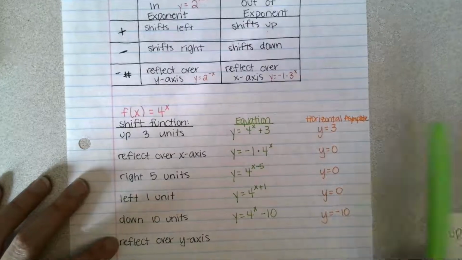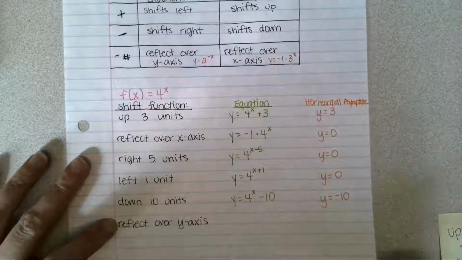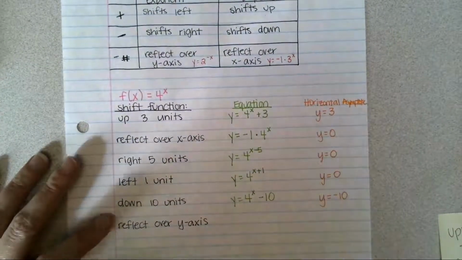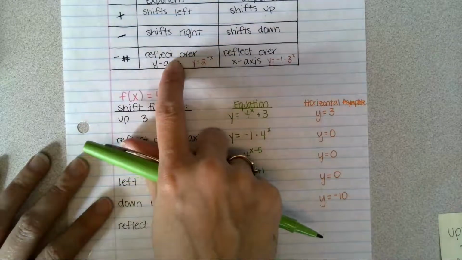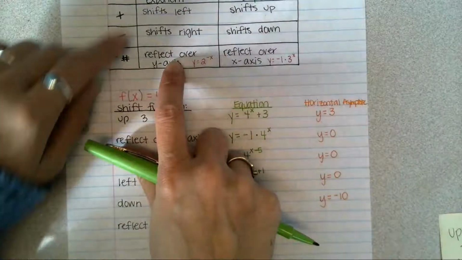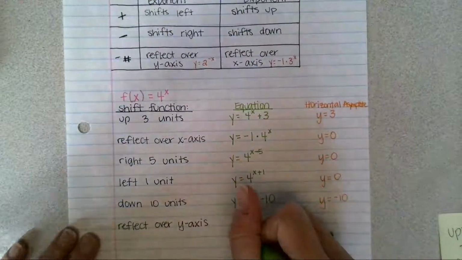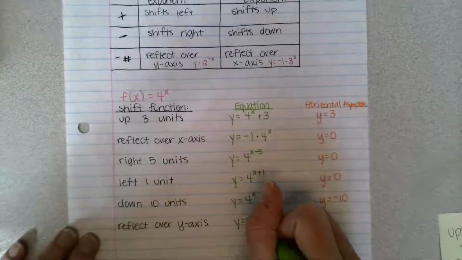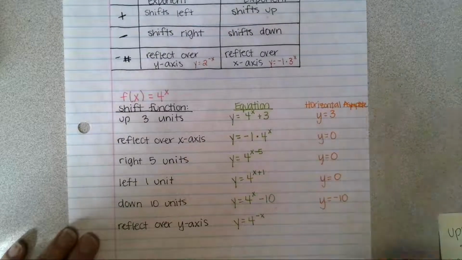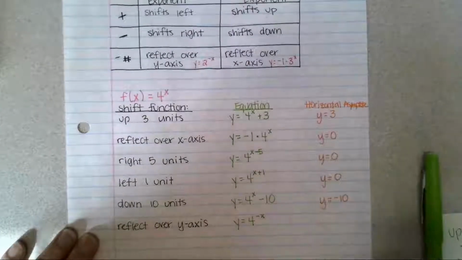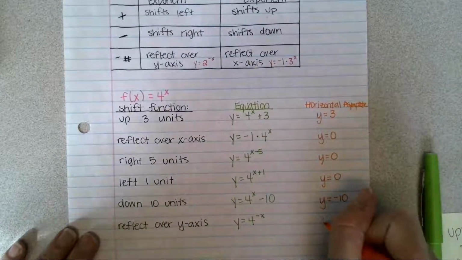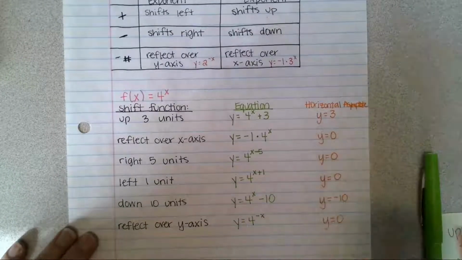All right, last one is going to be reflecting over the y-axis. That happens right here. That was adding a negative inside the exponent, which means that my x is now becoming negative. So y equals 4 to the negative x. Again, reflections do not move that horizontal asymptote, so it is still at y equals 0.